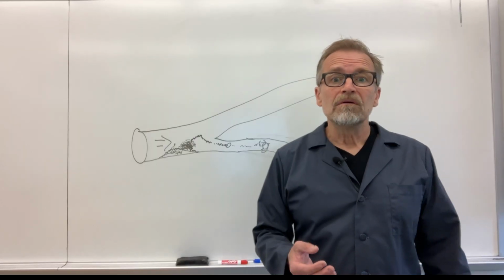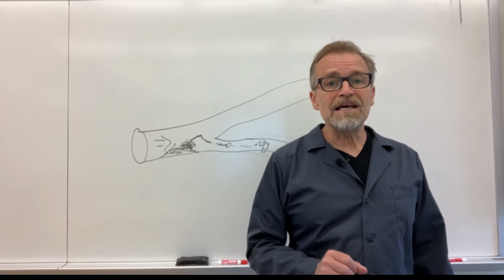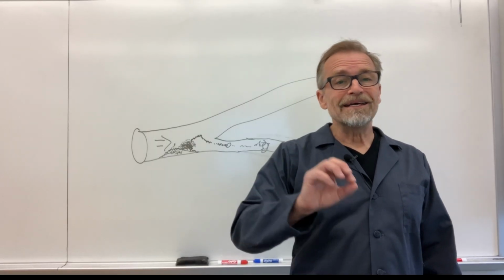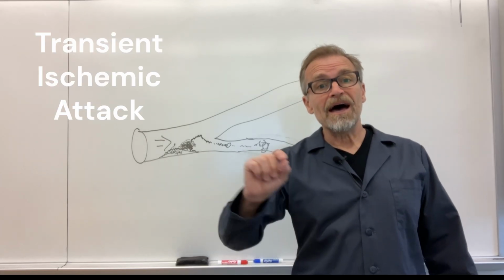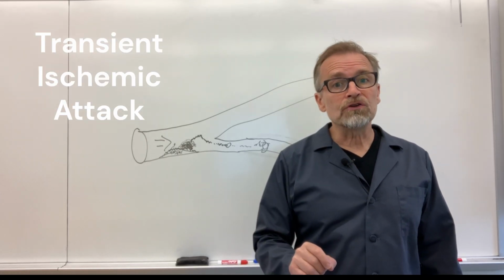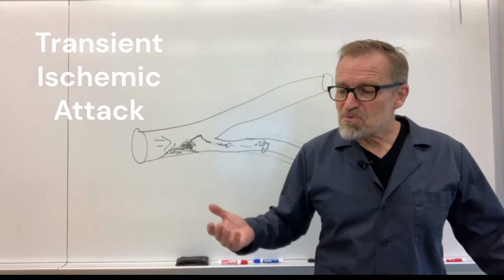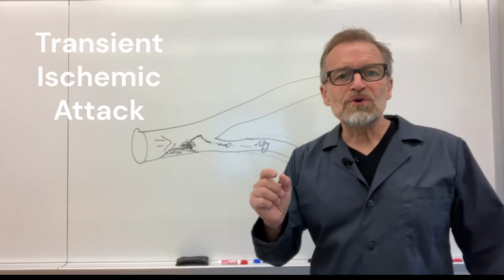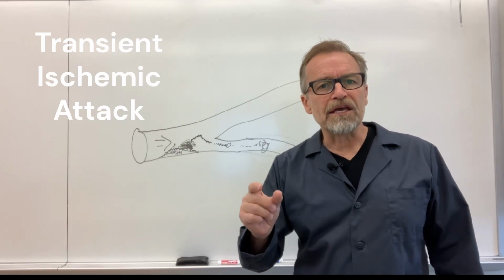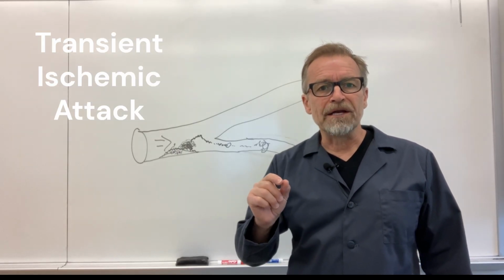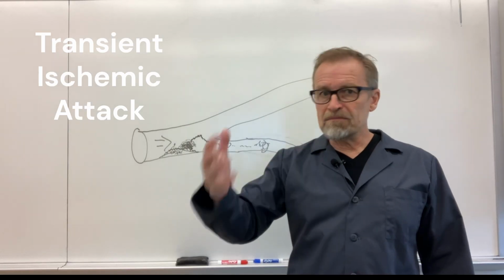We could have a modest version of this called a TIA, transient ischemic attack, which sometimes is called a mini stroke. Sounds delightful, right? I think I'll have a little mini stroke. What does it mean? It means that you had a momentary blockage of blood flow to your brain. And the effect of that could be momentary confusion.